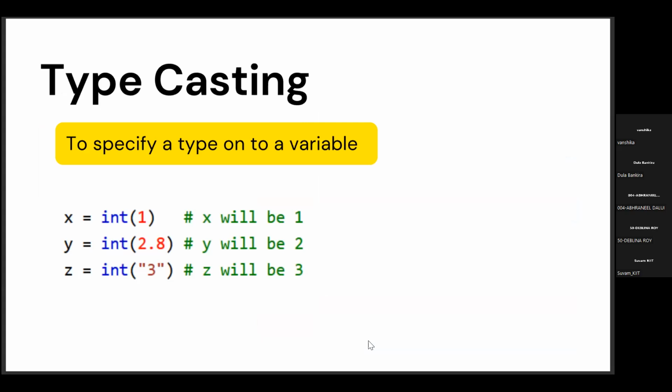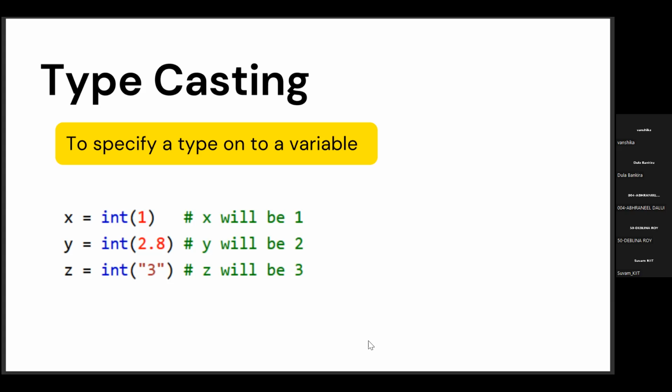Next, we come to a very important concept called typecasting. In typecasting, we are specifying what type we want our variable to be. When we have 1, it is already 1, but if we want to explicitly specify int(1), then x will be 1. Suppose we have a floating point number like 2.8 and we want to convert it into an integer.